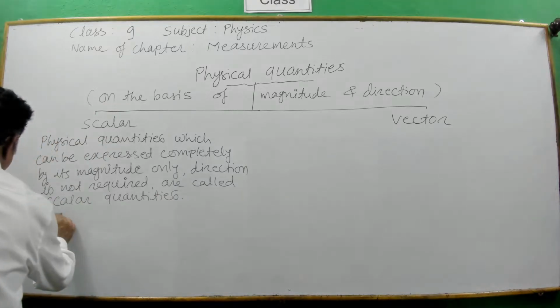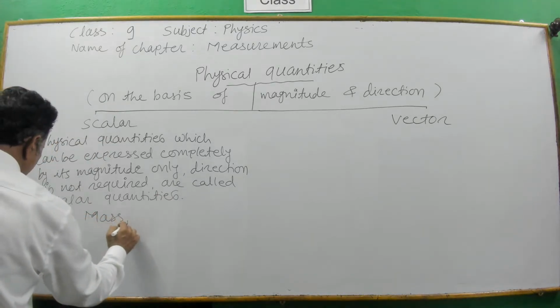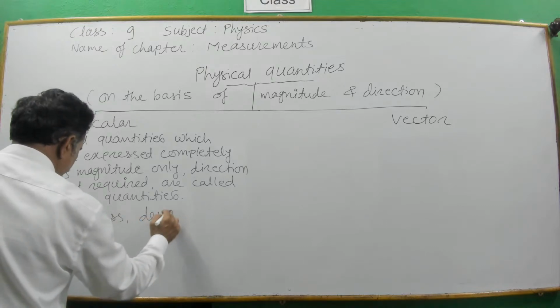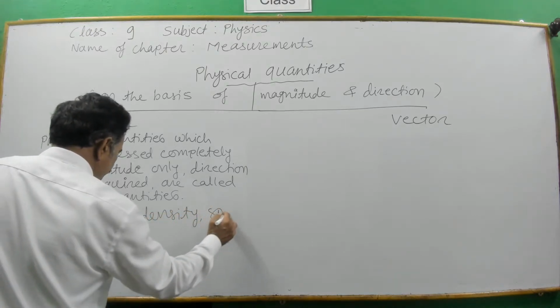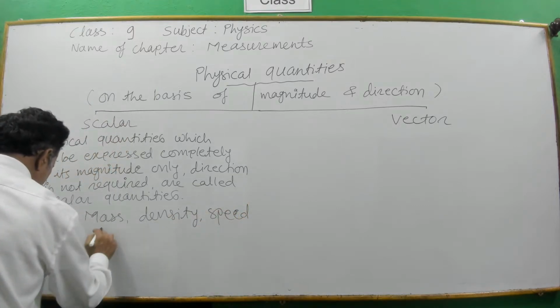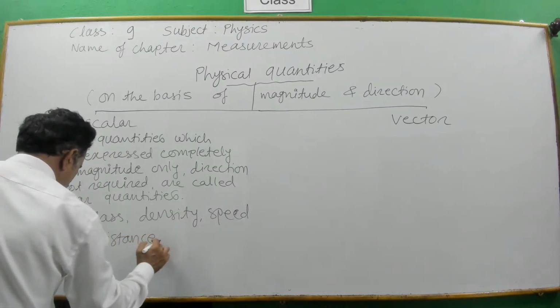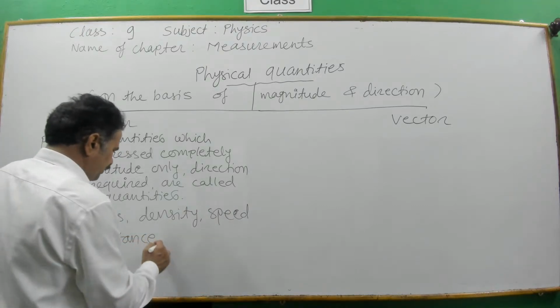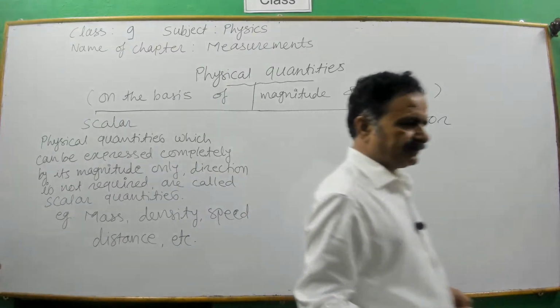Examples of scalar quantities: mass, density, speed, distance, etc. These are certain examples.